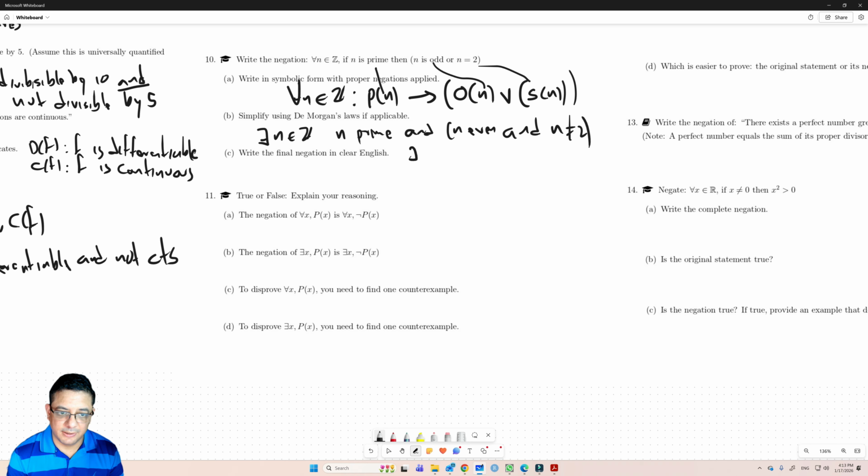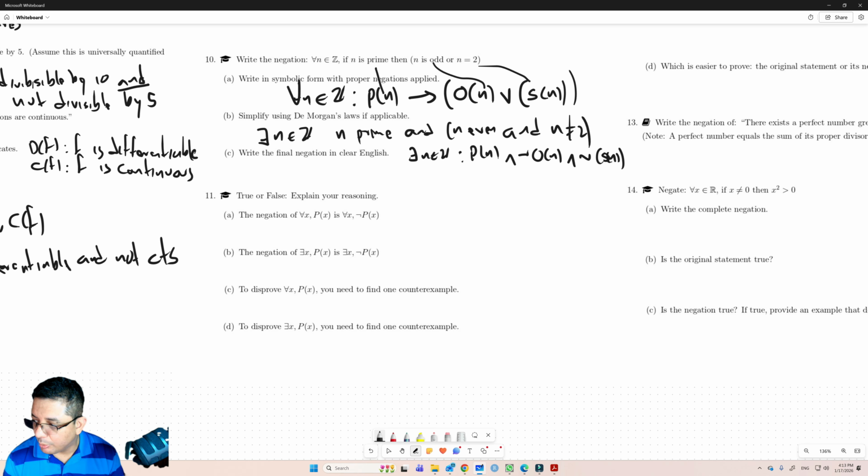This is there exists an n that belongs to C so that P of n and negation of O of n and negation of S of n. This will be what happens by De Morgan's law.